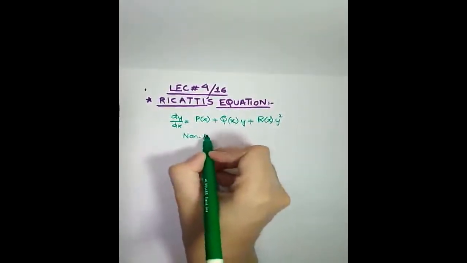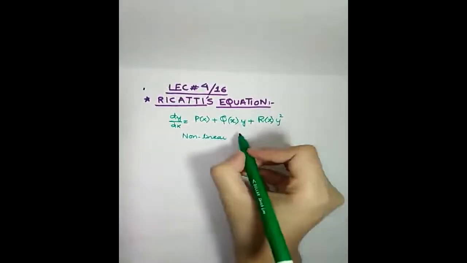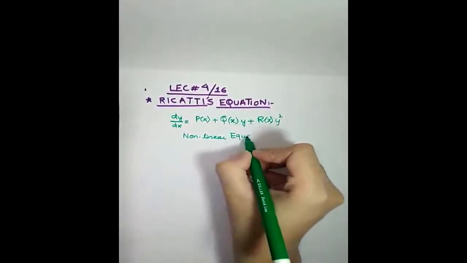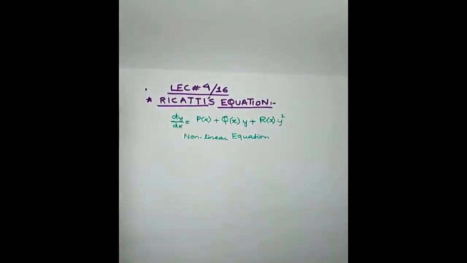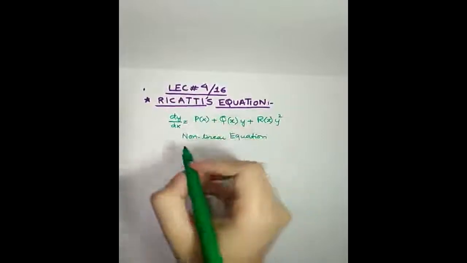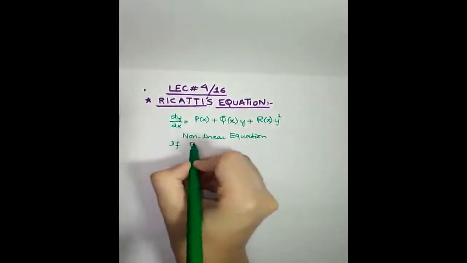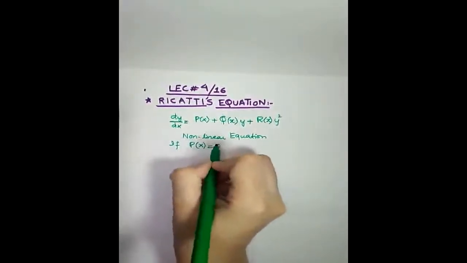So basically it is a non-linear equation, and you definitely see that the Riccati's equation becomes a Bernoulli's equation if we substitute p of x equals 0.